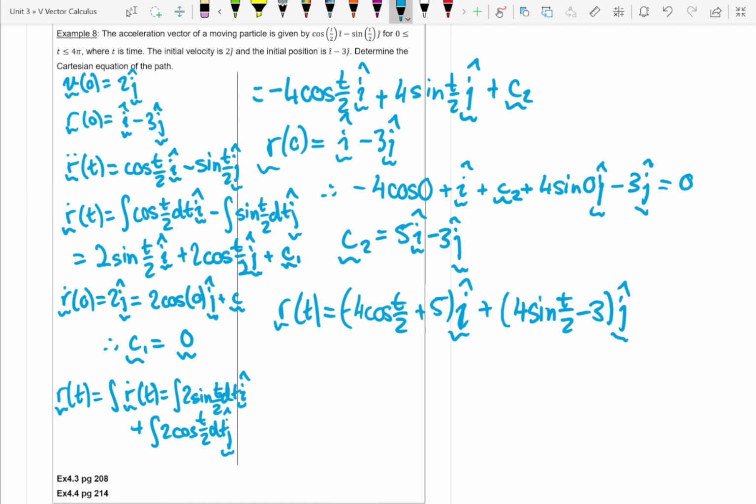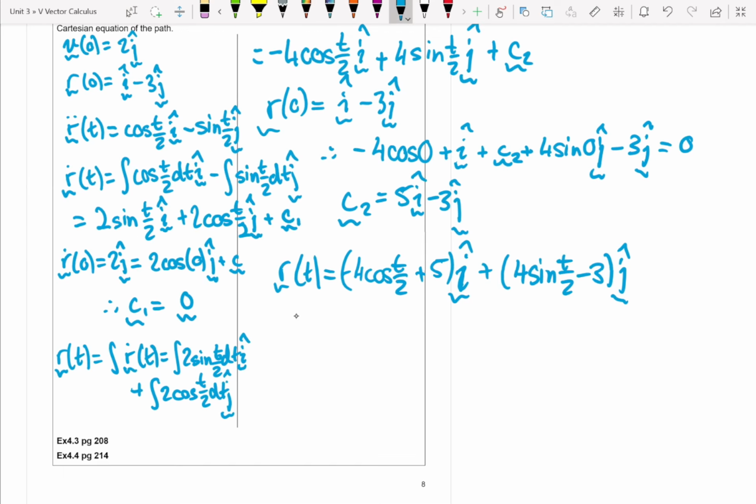We want to turn this into a Cartesian equation. So what we're going to do is let x equal negative 4 cosine t on 2 plus 5, and y equal positive 4 sine t on 2 minus 3.